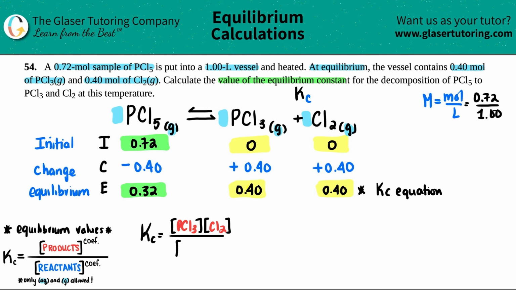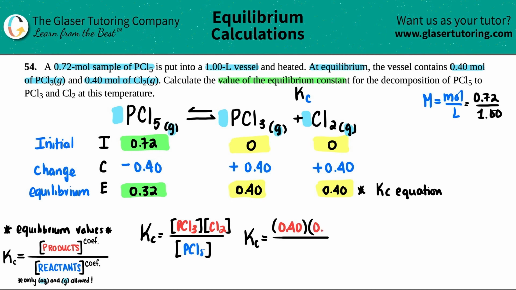And then the same thing for the denominator. This would be PCl5. Close that bracket. Raise to the first, but anything raised to the first is the same. So now let's just plug in our numbers. Kc equals, looks like we got 0.4 times 0.4.